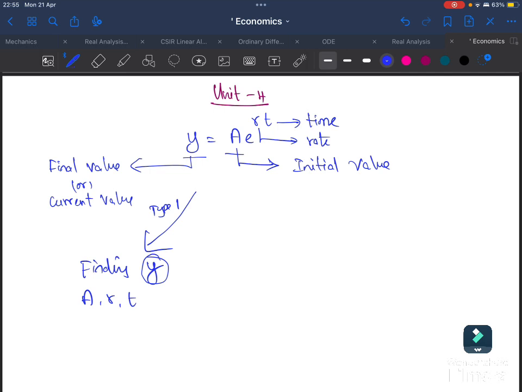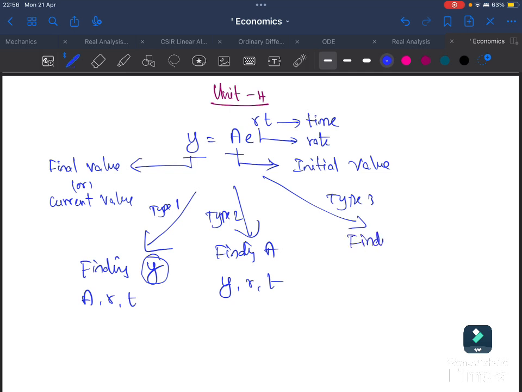Next, type 2 is finding a, and again they will give you the values y, r, and t. Now type 3 is finding r, that is the rate of increasing or decreasing. Here they will give you a, y, and t.